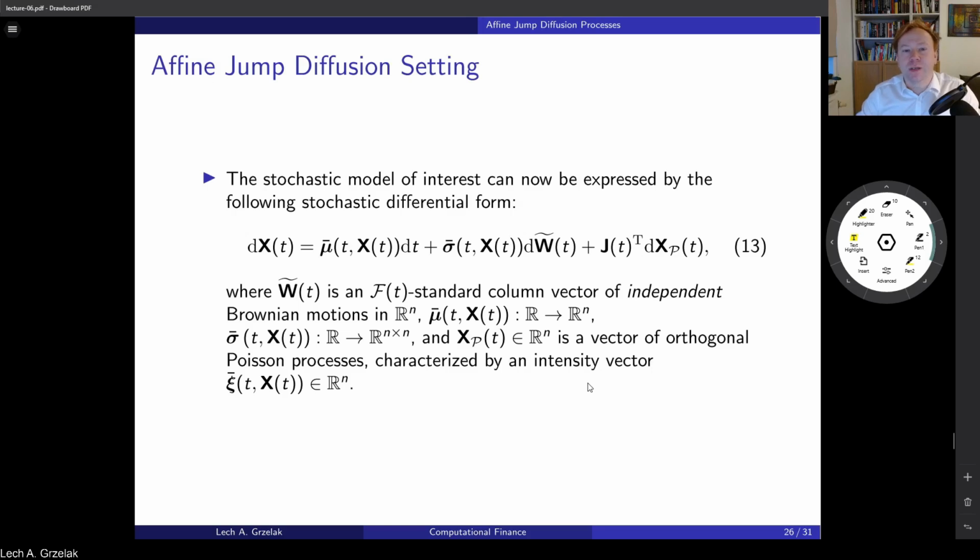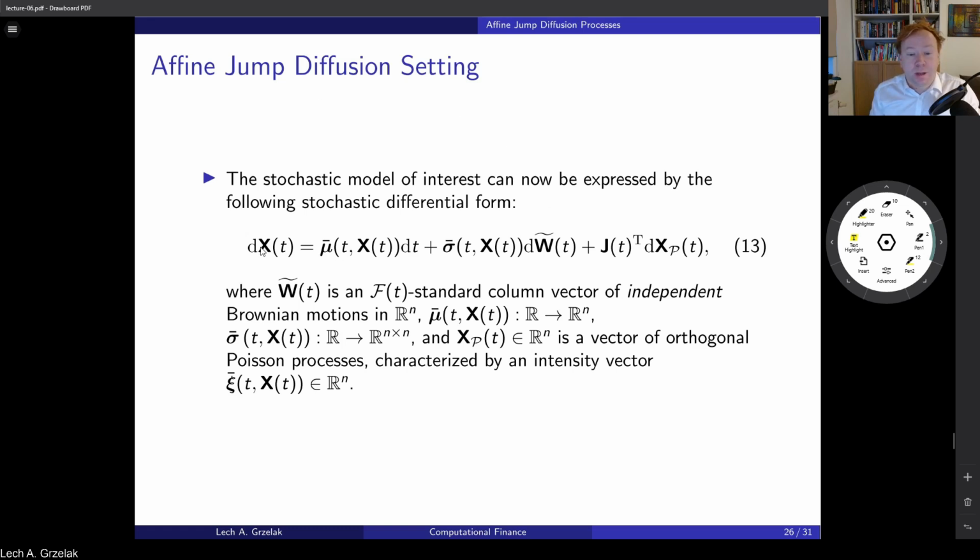Although previously we discussed the affine diffusion framework, which only included Brownian motion, it is also possible to include jumps. Then we have the so-called affine jump diffusion setting, AJD.